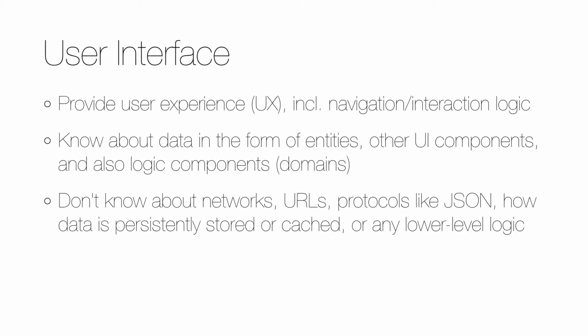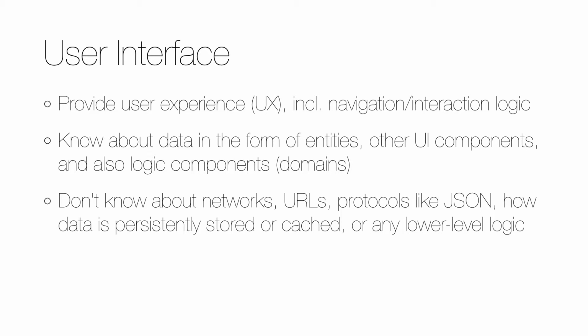The role of the user interface components is to provide the best user experience possible. This is a huge subject and not within the scope of this video, but it's not only about something that looks good, but also that feels good, which includes that it performs well. The user interface components should know about each other, they should know about the data in the form of entities, and they should know about the logic components or the domains.